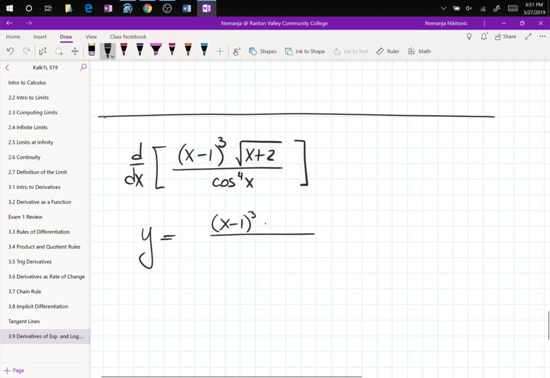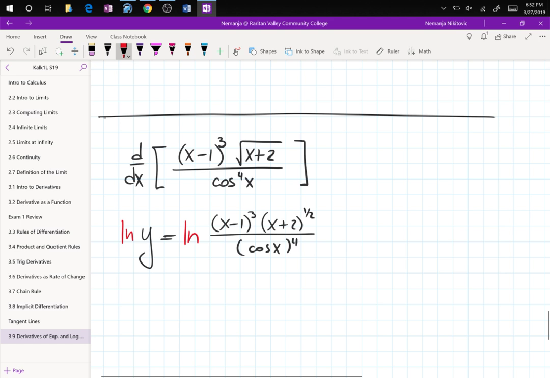So we define the y function, and we take these roots and things and just make them exponents everywhere. So all I did now is use my square root as a 1/2 exponent, and I use that 4 for the entire cosine. And this is when I hit both sides with ln.